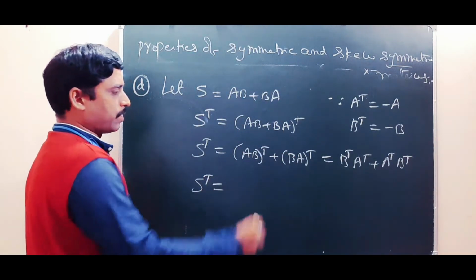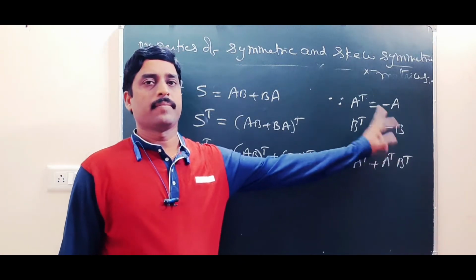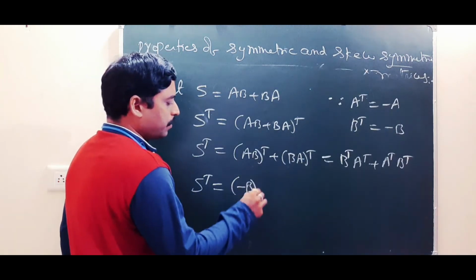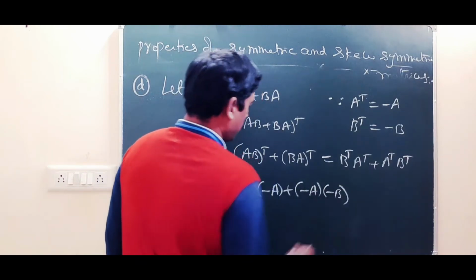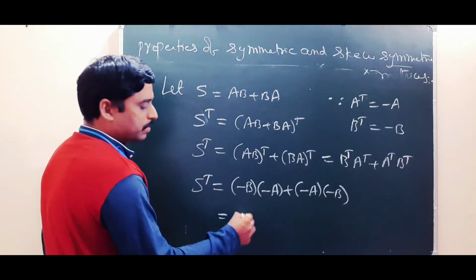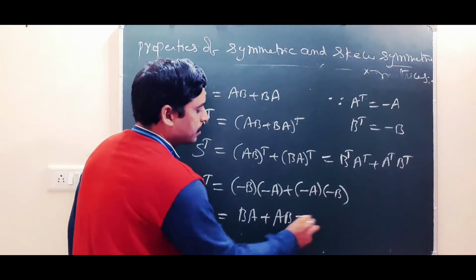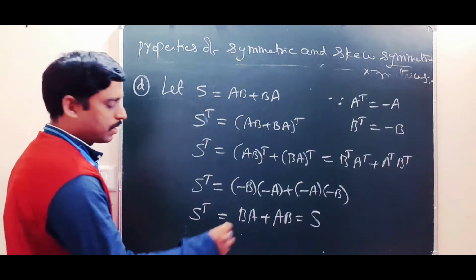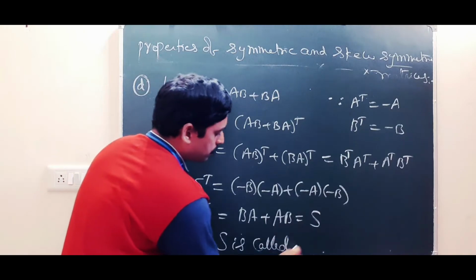So transpose of S equals, where B transpose is minus B and transpose of A is minus A, minus B into minus A plus minus A into minus B. Minus into minus is plus, giving BA, and minus into minus is plus, giving AB. This is nothing but S. So transpose of S equals S, therefore S is called a symmetric matrix.